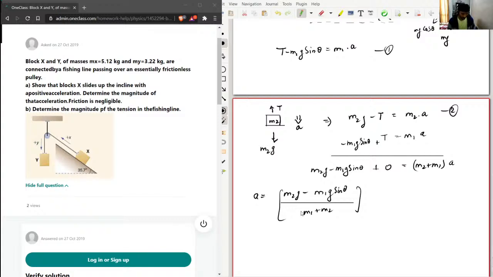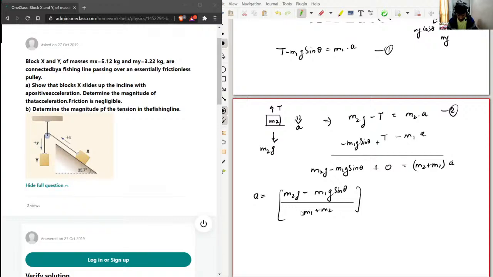Now we need to just put the values. So I'll calculate this. m2 is given as 3.22 into 9.8, the acceleration due to gravity, minus m1, which is 5.12, times 9.8 times sin of 35.7. Theta is nothing but 35.7 degrees, the inclination angle.